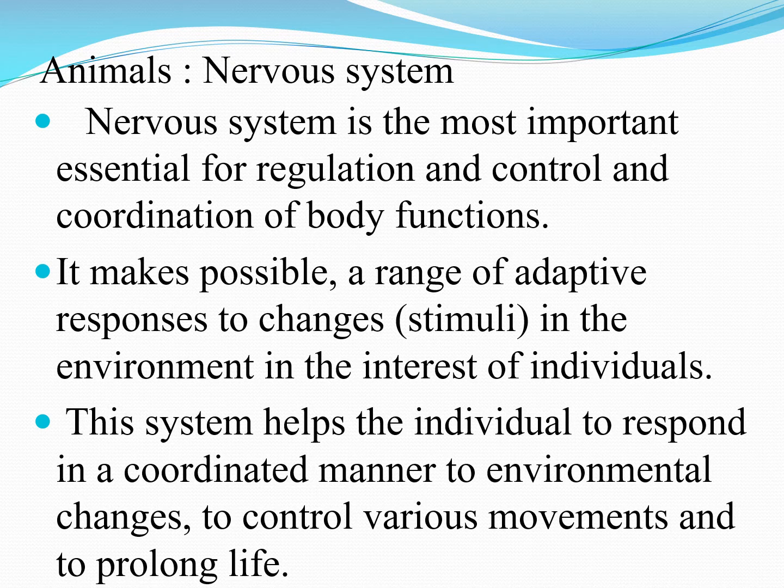So this system helps the individual to respond in a coordinated manner to environmental changes, to control various movements and to prolong life. According to the stimuli, the response must be given, then only we can prolong life.